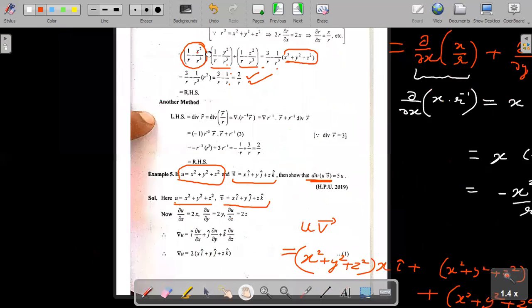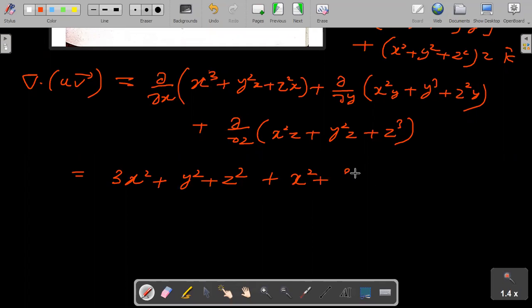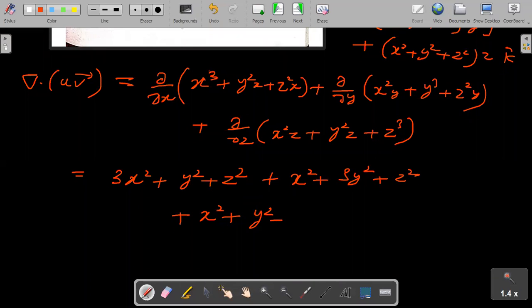So derivative लेंगे तो क्या हो जाएगा? What is the derivative? बताओ फटाफट. 3x² plus y² plus z². Is it fine? Yes, ma'am. फिर आ जाएगा x² plus 3y² plus z². फिर derivative with respect to z लेंगे तो x² plus y² plus 3z².